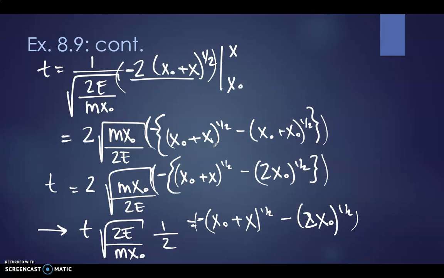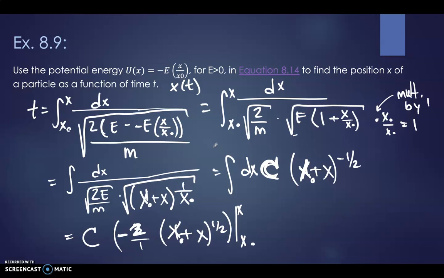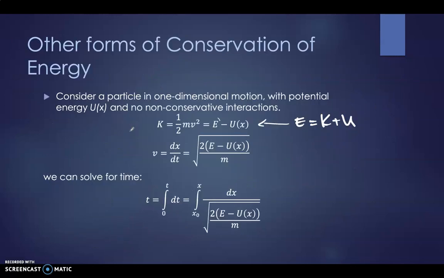Okay, so when I was adding another page to work with, I noticed a few things going on here in my work. So I just wanted to go over a few things. The way that the textbook gave us this example, that the potential energy is equal to minus E x over x naught, gives me these values of x naught plus x, as we saw here, this positive value, since in this equation we have E minus U, right?